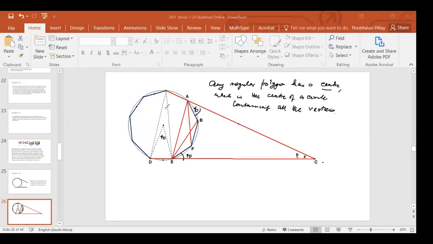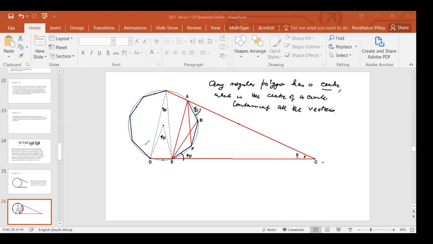And there's another theorem which says that the angle at the circumference is half the angle at the center, which tells you that if you've got any regular polygon, now listen very carefully to this. If I join 3 vertices, I can always calculate this angle.